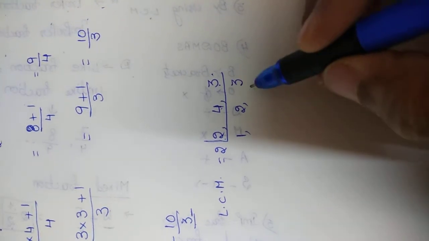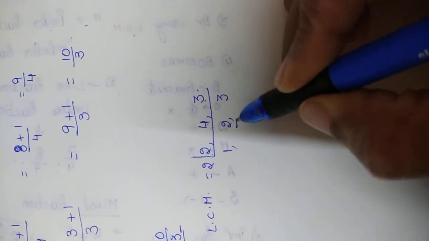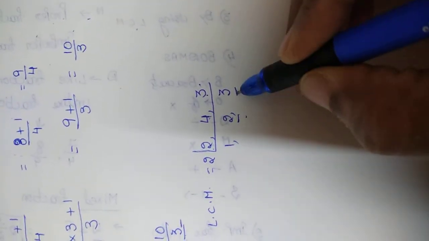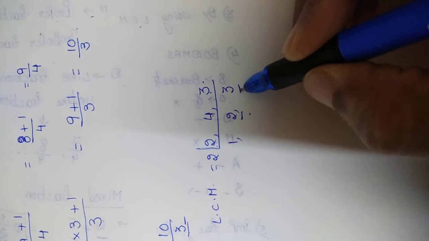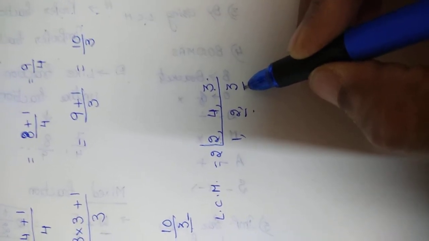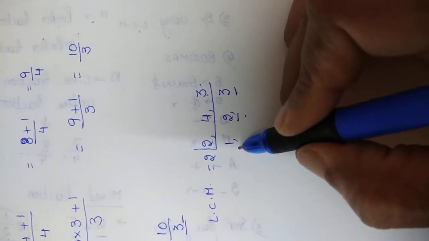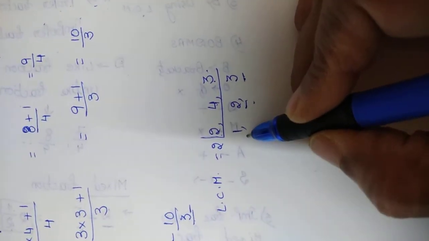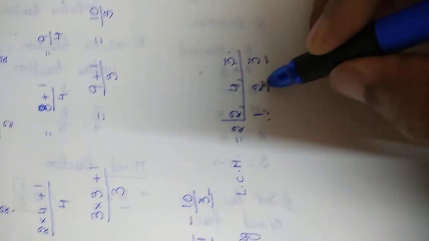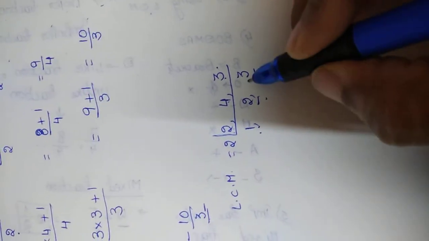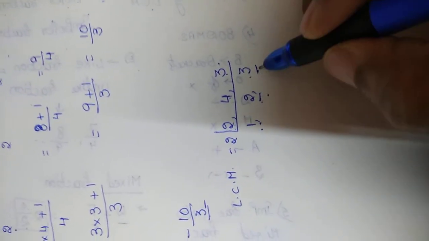Now if you observe properly here, in the second step 2 and 3 are prime numbers. Because prime numbers will not go in any other table, that is the reason my LCM is going to end. 1 is there; 1 is not a prime number and not a composite number. So 1 will not go in any other table, and the other numbers left are 2 and 3, which are prime numbers.